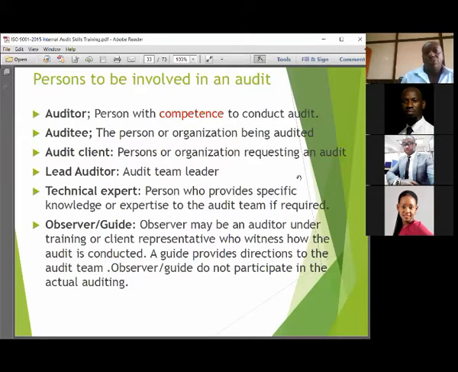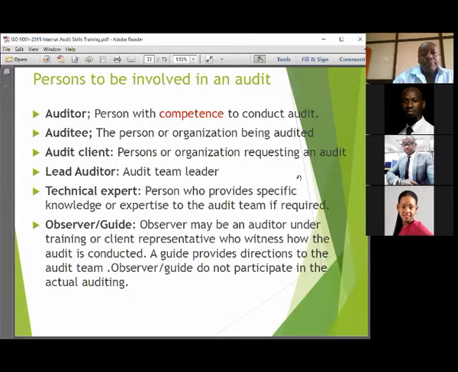He or she should not participate. She should not ask questions or start writing the report, but just as a way of mentoring future auditors, you can have observers. In other cases, you can have a client representative who witnesses how the audit is conducted.